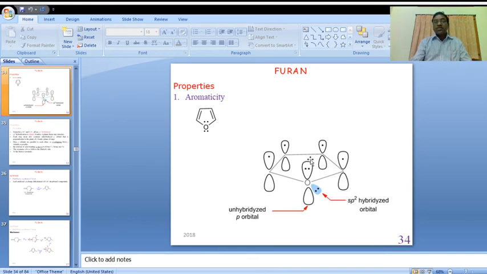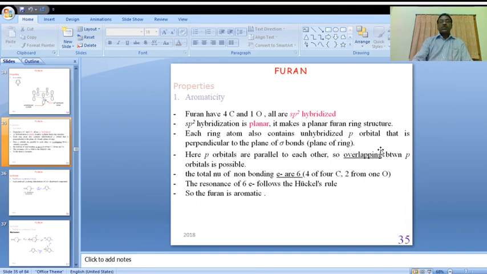These orbitals form a cyclic delocalized electron cloud above and below the plane, a circular electron cloud. Is it clear, all of you? This is about aromaticity, the aromatic character of furan.